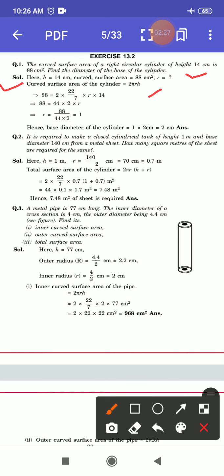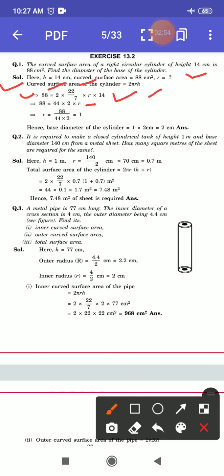Here the curved surface area given is 88, and 2, and at the place of pi you have to put the value 22 upon 7, and r you have to find. So leave it, and h is 14.